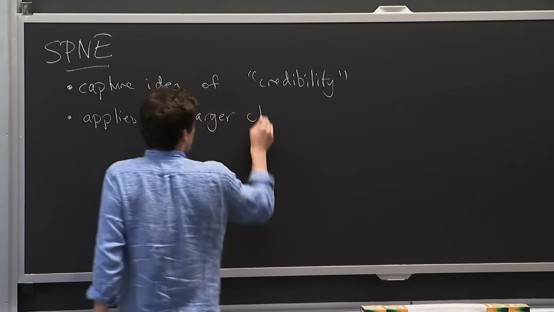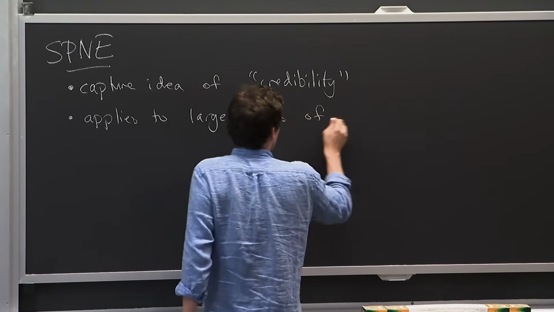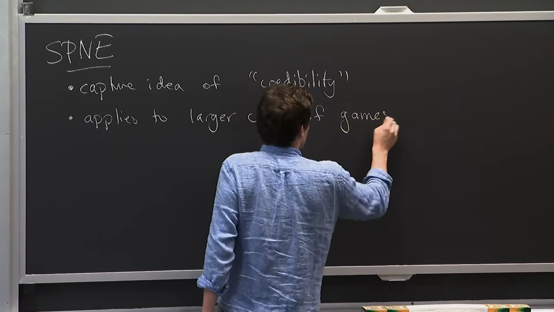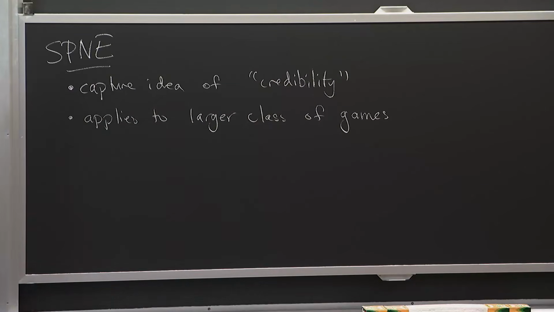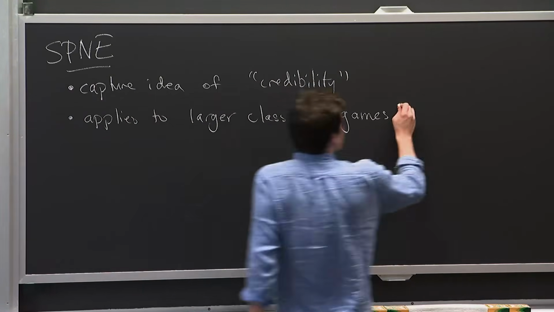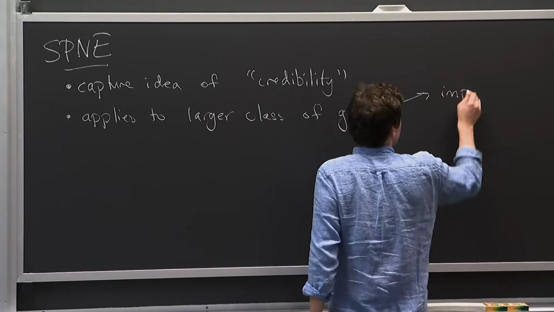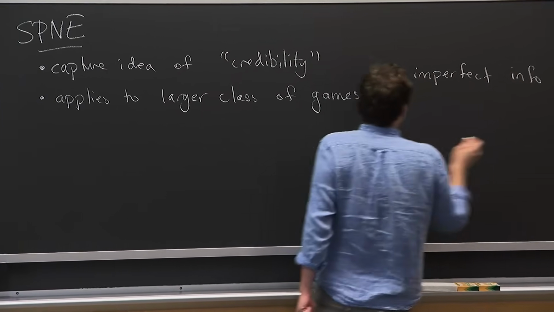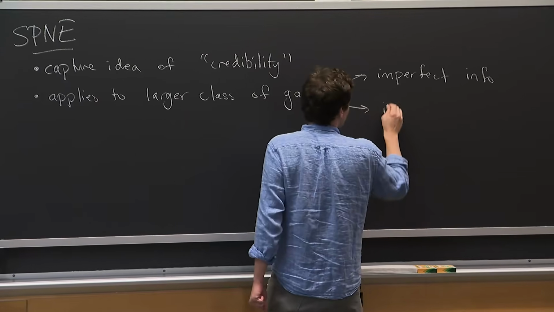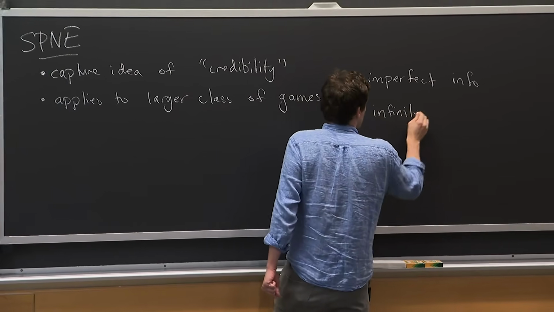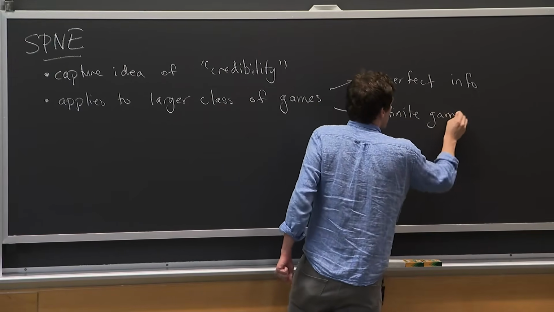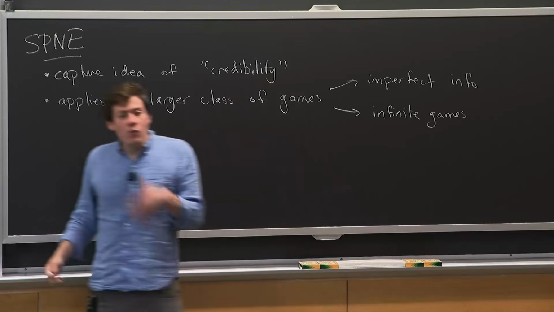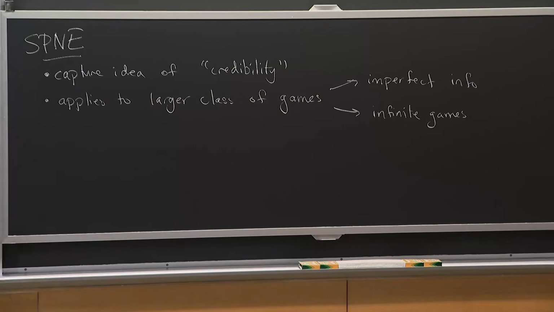Namely, it will apply to games that have imperfect information. And also, it will allow for infinite games. That is, games where we keep making moves over and over again, and there's no clear endpoint.